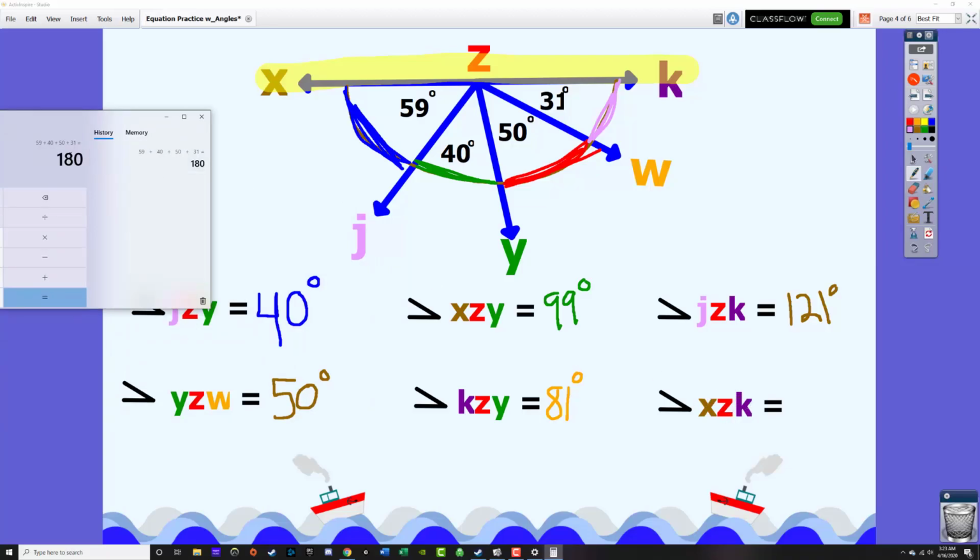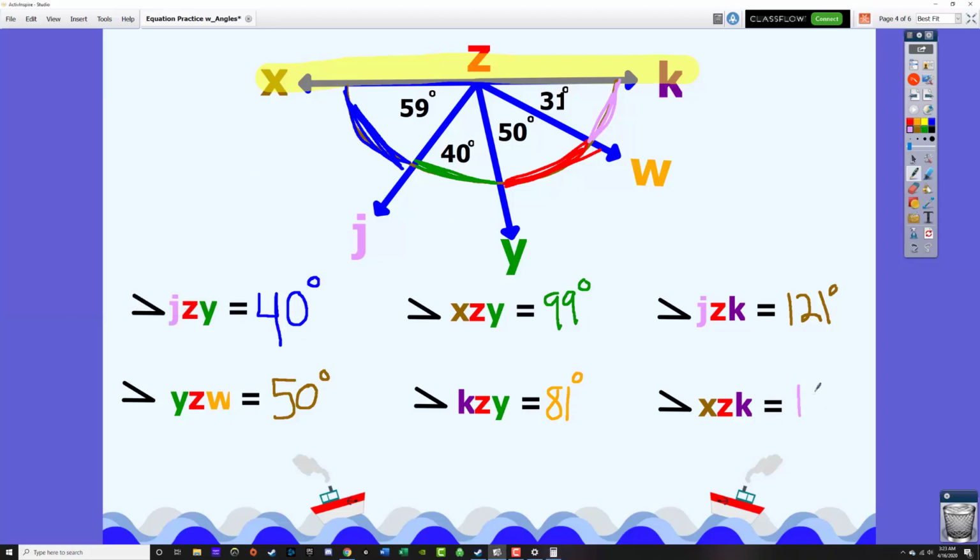Which means that angle XZK is what kind of angle if it's equal to exactly 180 degrees? What kind of angle equals exactly 180 degrees? That's right, it's a straight angle.